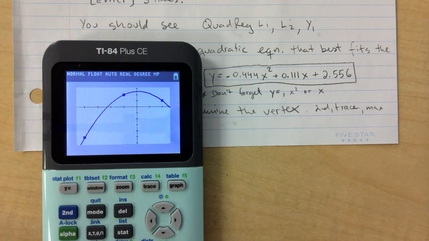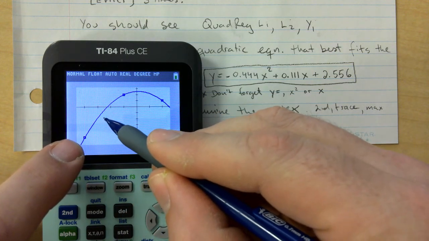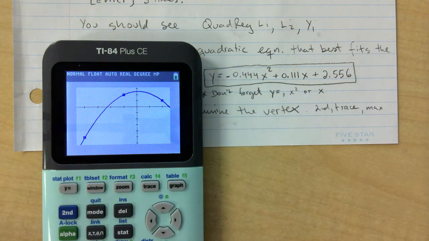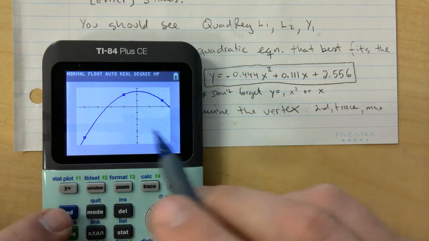It gets you close, and from there you change your window to make sure you see the whole curve. Sometimes you will literally just see a straight line, and students think, oh, it's a straight line. That's interesting. It's like, no, zoom out, right? Change your min max of the windows and try to see the whole parabola and where the vertex is and everything.